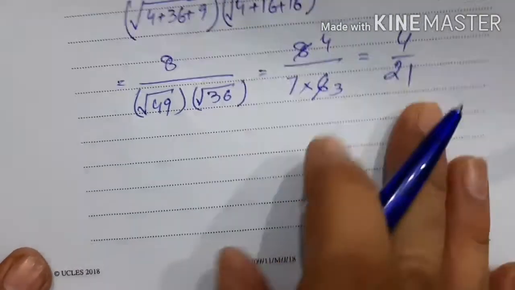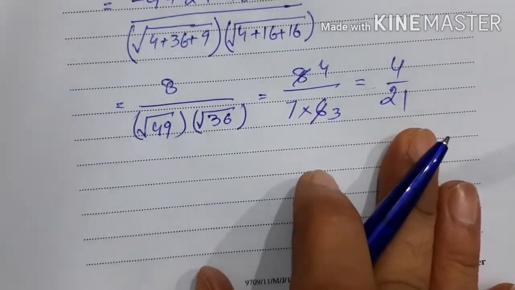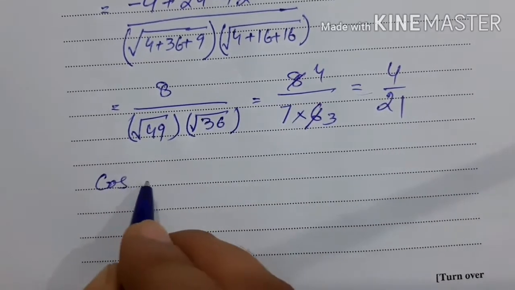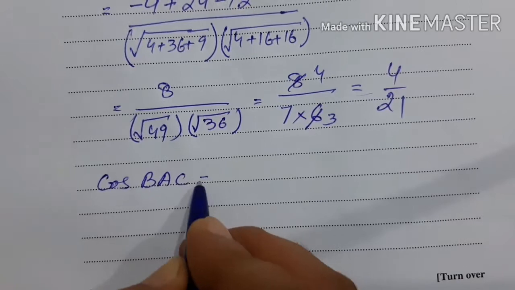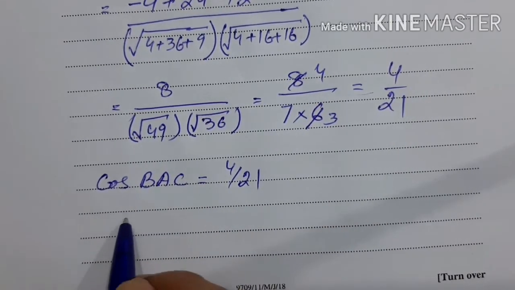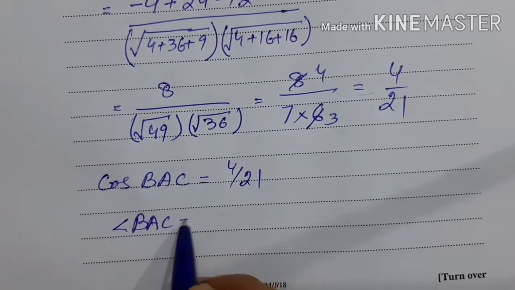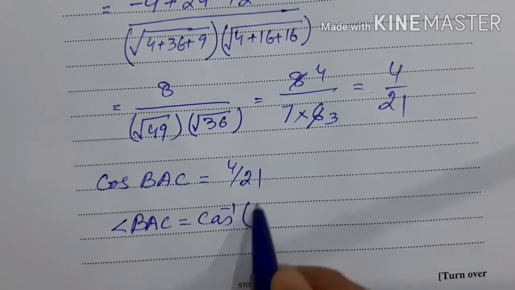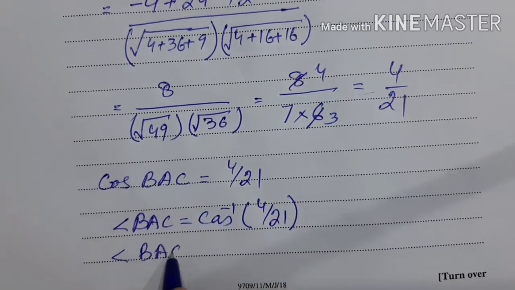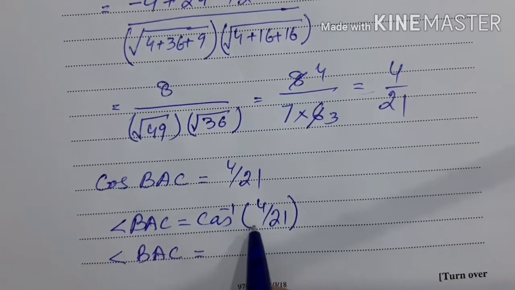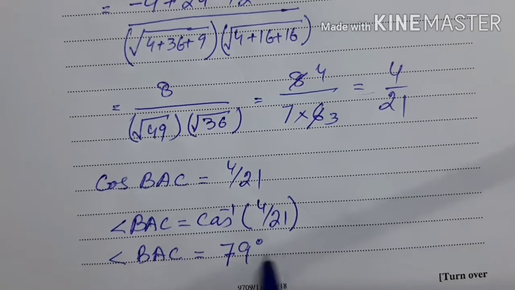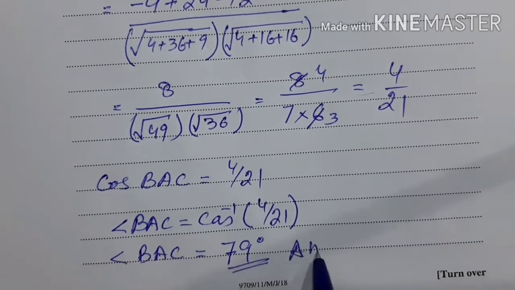So actually cos BAC is equal to 4 by 21. So angle BAC is equal to cos inverse 4 by 21, which is 79 degrees. So this is our answer.